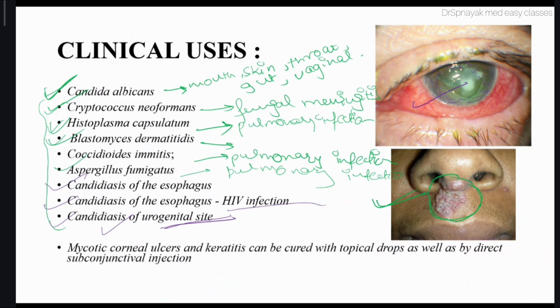So there are topical drops of amphotericin B available, and apart from the topical drops, we have subconjunctival injections, which are given directly to the conjunctiva in such conditions. We also have creams, which are used for urogenital site vaginitis. These topical drops and subconjunctival injections of amphotericin B are used in keratitis and corneal ulcers.